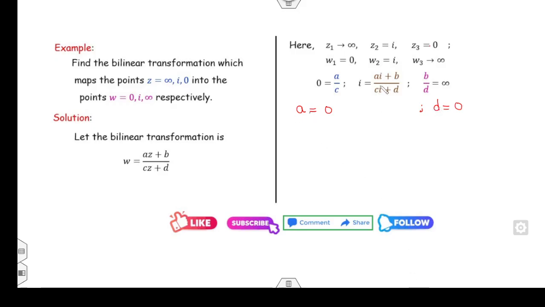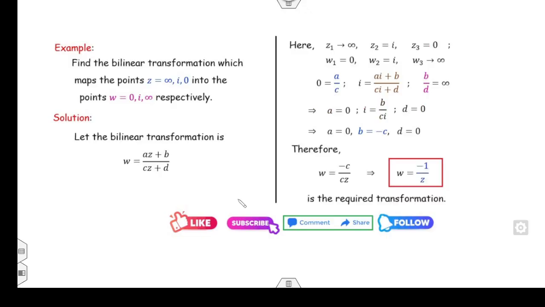I can substitute A and D in this equation. So iota is B over C iota. That implies B is equal to C iota square, which implies B is equal to minus C. I can substitute all these values in the given equation. B is equal to minus C, C is my C, D is my 0. So again you can see the answer is W equal to minus 1 over Z, which is the right answer.